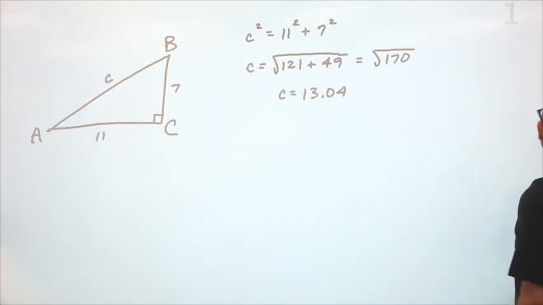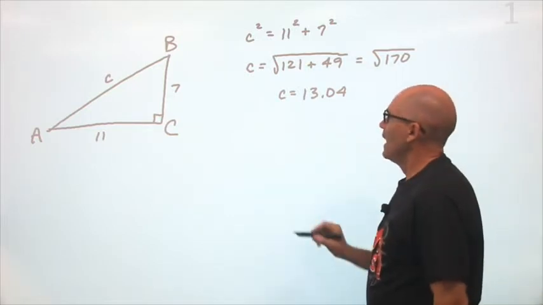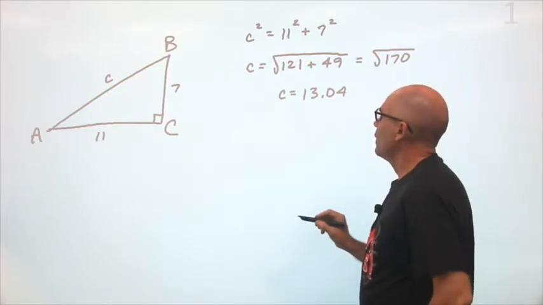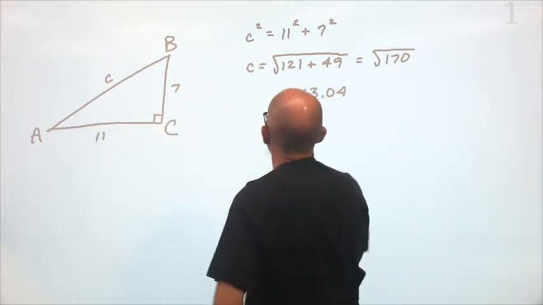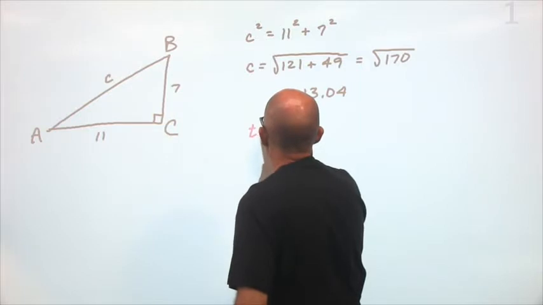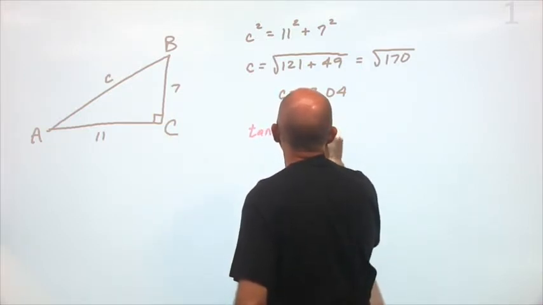Okay, so angle A, what we know is that the tangent of A is 7 over 11. So tangent of angle A equals 7 over 11.